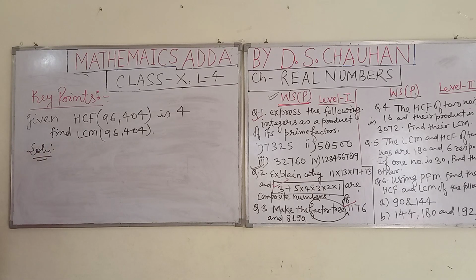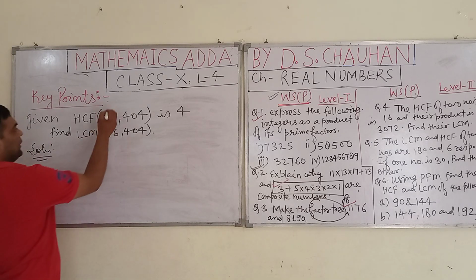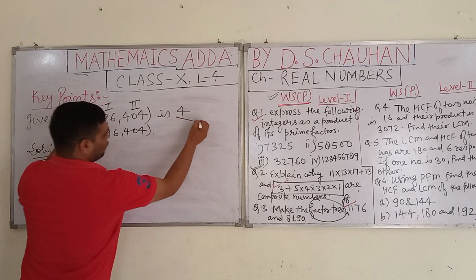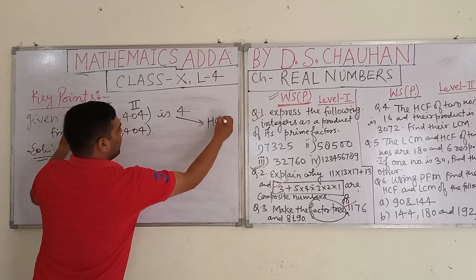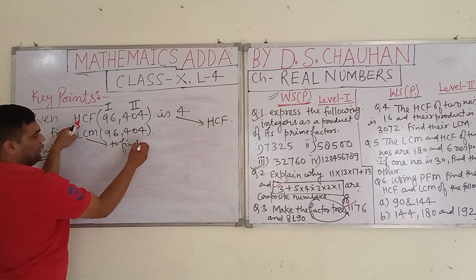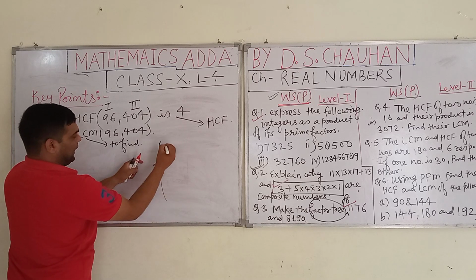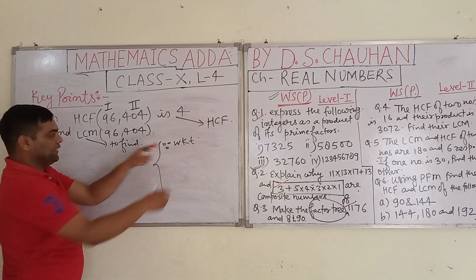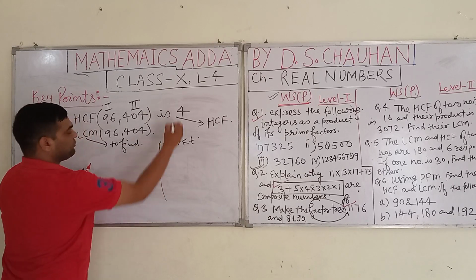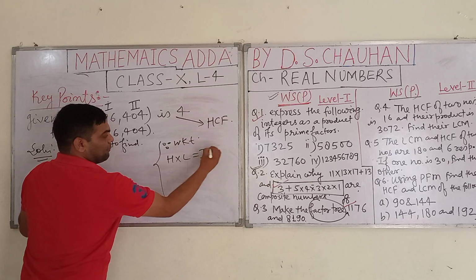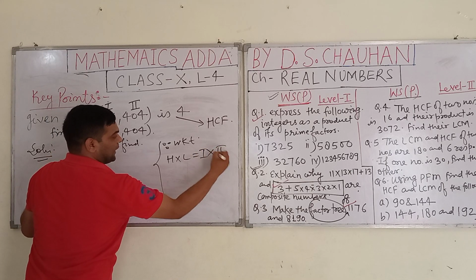Telling you here, see, this is the first number, this one is the second number, and what is this, student? HCF. What to find out? LCM to find. See, students, since we know that HCF into LCM equal to product of the numbers, first number into second number.